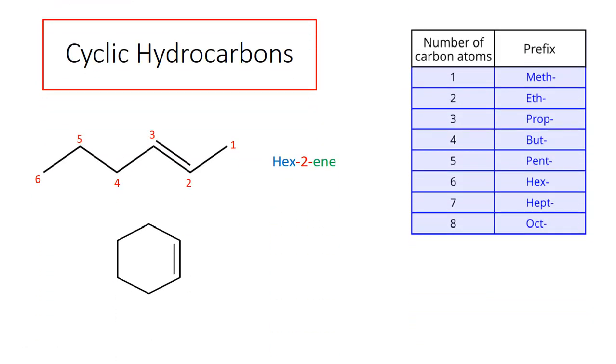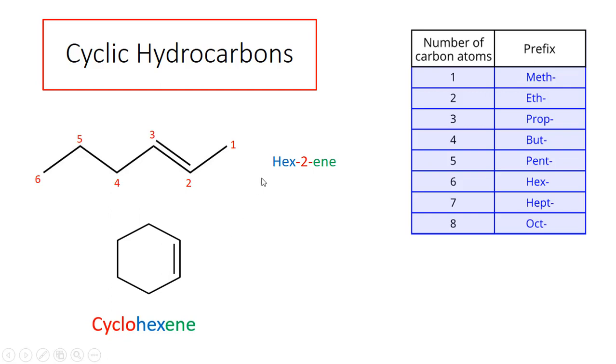Here we have an example with a cyclic alkene. We can know it's an alkene because of the double bond, and this particular cyclic alkene has 6 carbon atoms in. We see hex in our naming table, and therefore the name of it is simply cyclohexene.